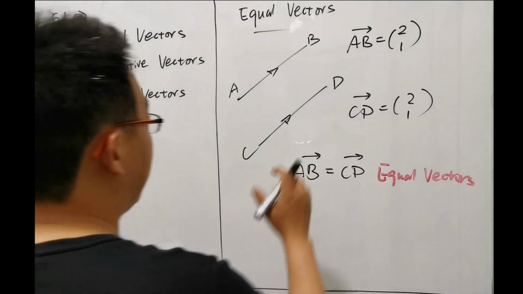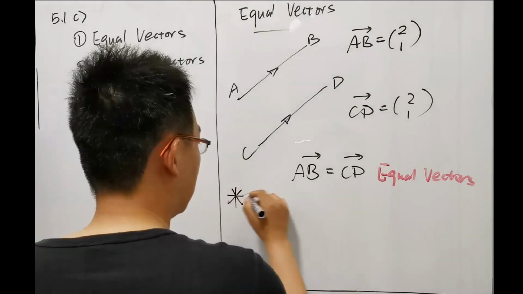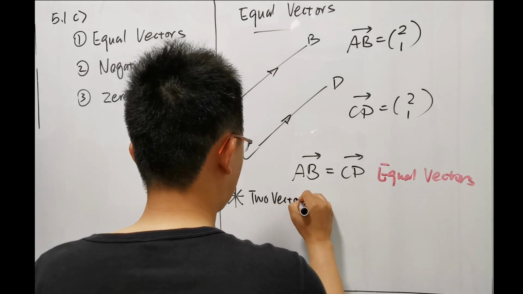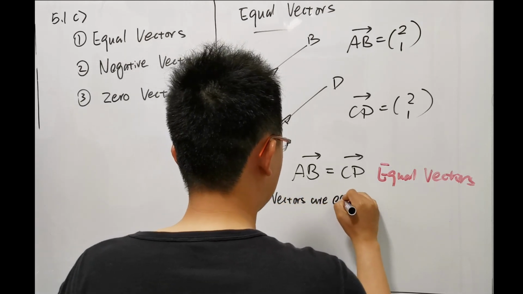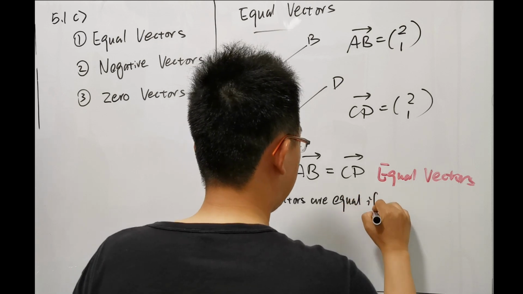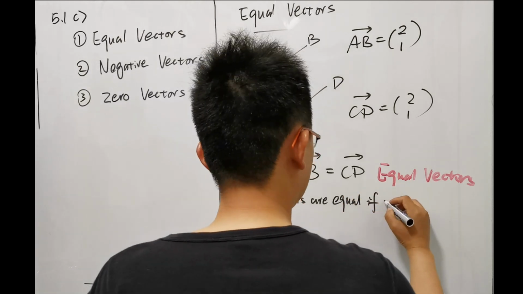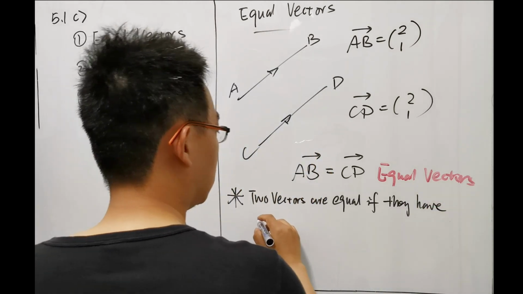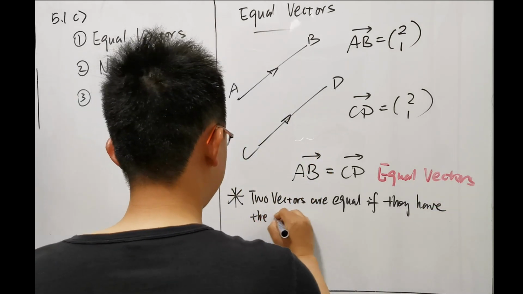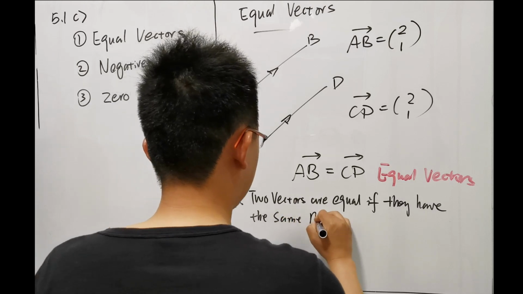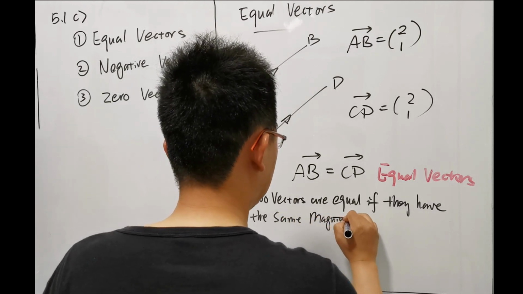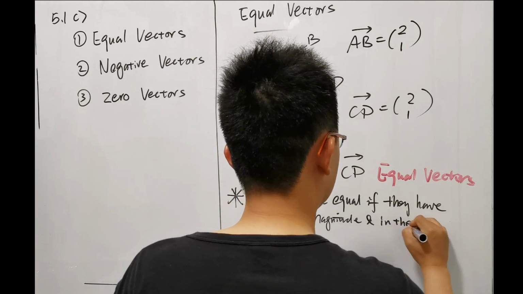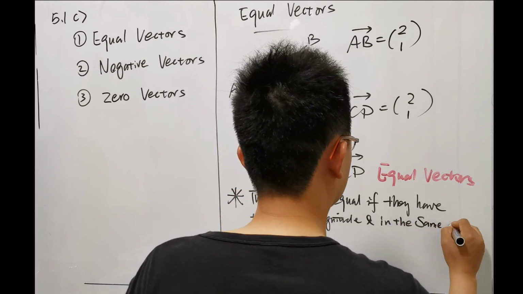So let's summarize it. Two vectors are equal if they have the same magnitude and the same direction.